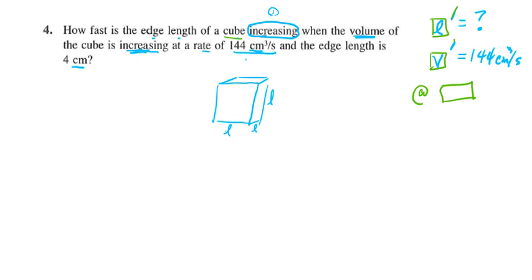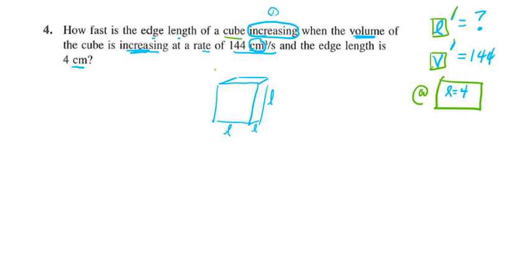Well, that instant in time is usually given as a length, or at a distance of some point, not as time, but as distance. So at the edge length at L equals 4 centimeters, okay? So you just want to make sure centimeters and centimeters line up, and here's all your given info, okay? So now I'll erase this, and that's where we're at.